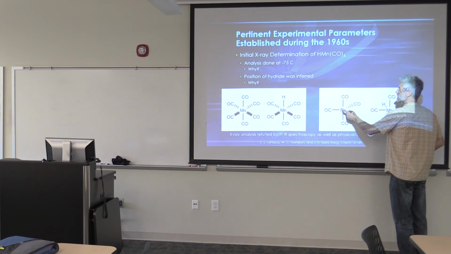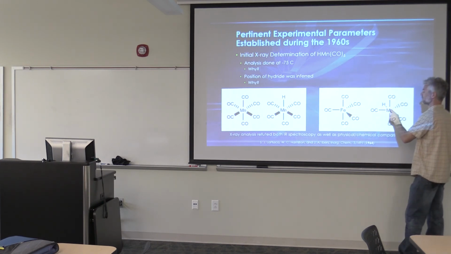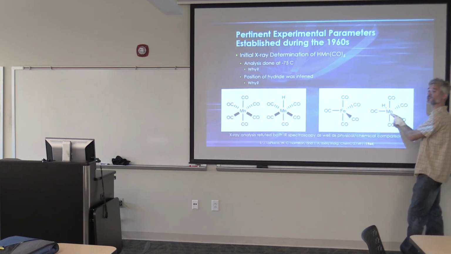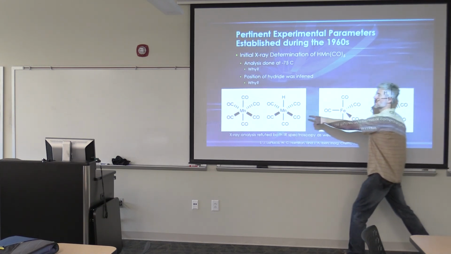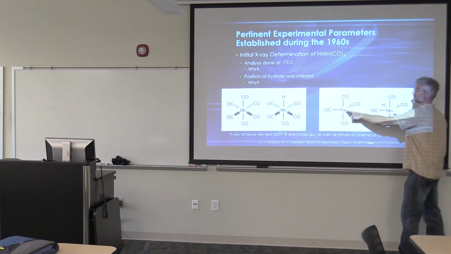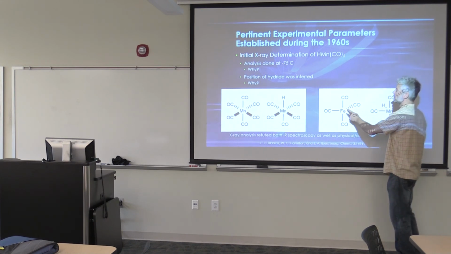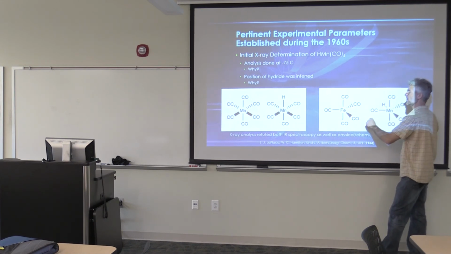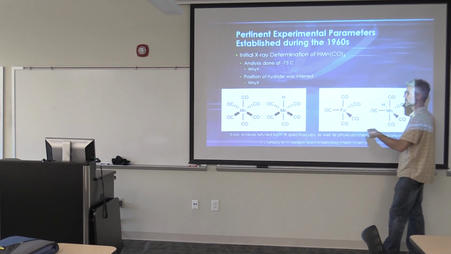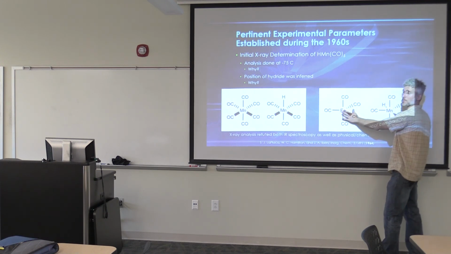The other thing that these guys were looking at, they're trying to get this structure, and a lot of the people had proposed that this is what the structure looked like, that it wasn't this regular octahedron, that it was much more similar to this pentacarbonyl iron species. So they were saying that this paper was refuting what prior claims have been made in the literature, that this species was more trigonal bipyramidal.